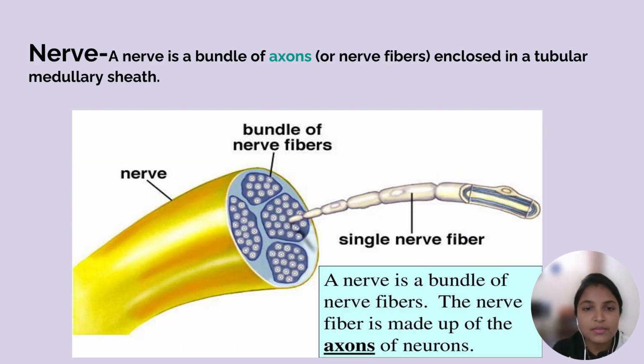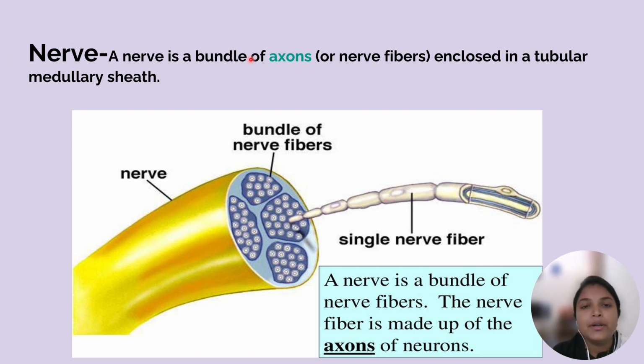Okay, now we come to the next part, which is also very important. Now we learned about neurons, a single cell. Now here I'm giving you the idea of multiple cells, meaning many cells come together. When we bundle them, what do we get? We get the nerve.